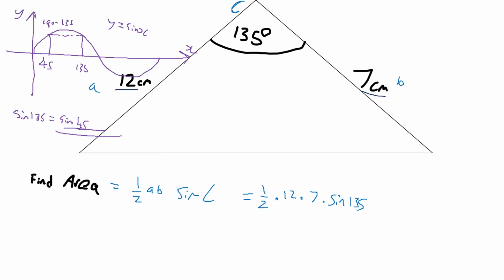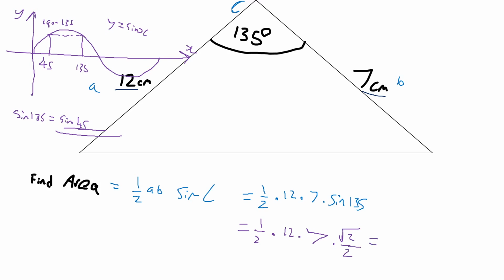So we can say that this is the same as a half times 12 times 7 times root 2 over 2. Okay?